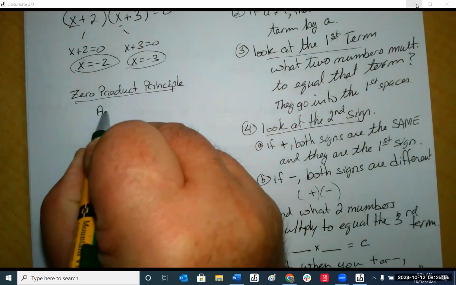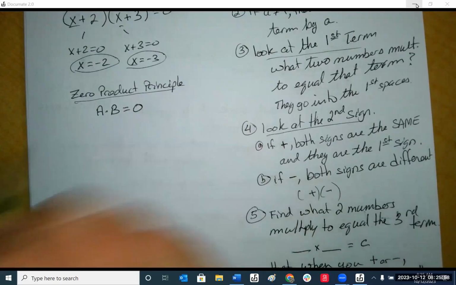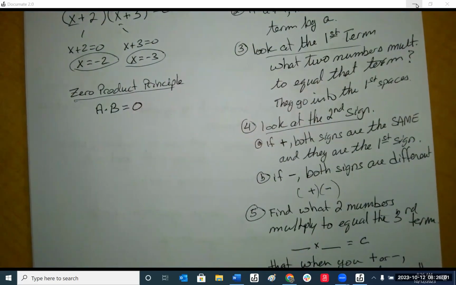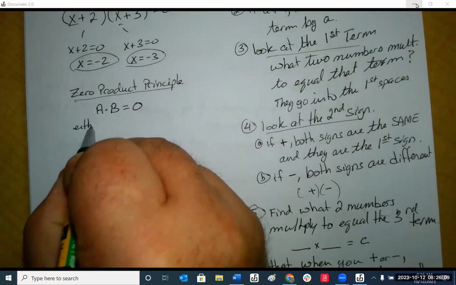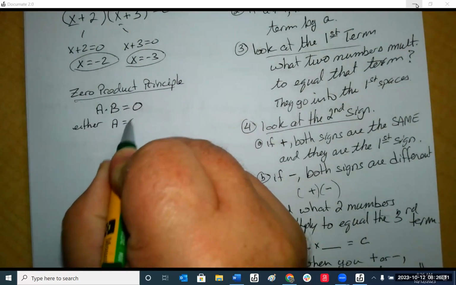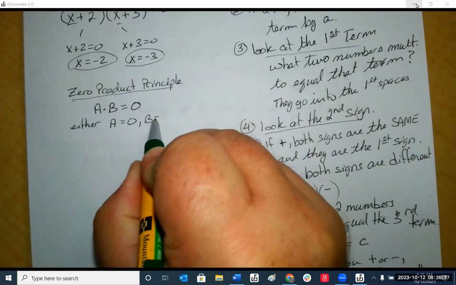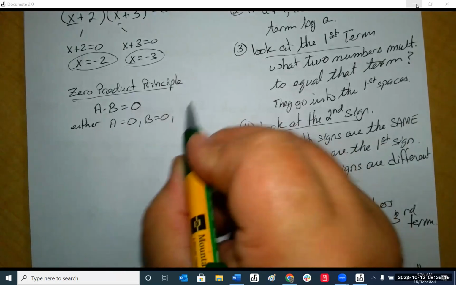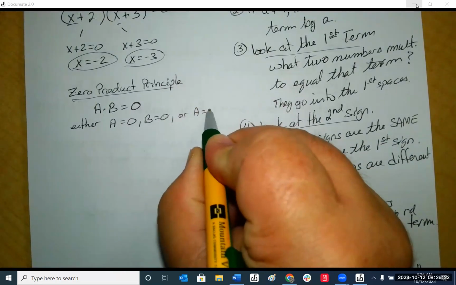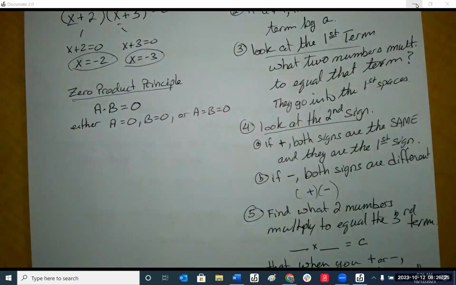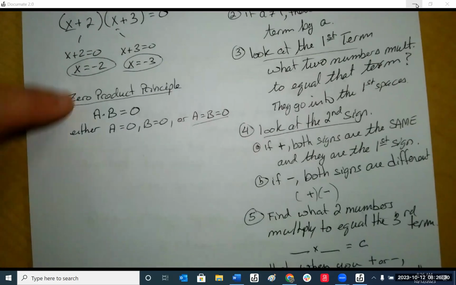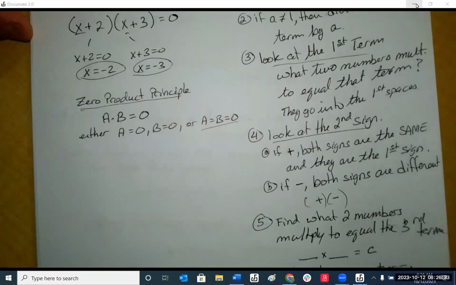If I have two numbers and I multiply them and they equal 0, what has to be true? Either A equals 0, because 0 times anything is 0. B equals 0, anything times 0 is 0. Or A and B are both 0. Since we don't know which one, we set them both equal to 0, and that's our answer.